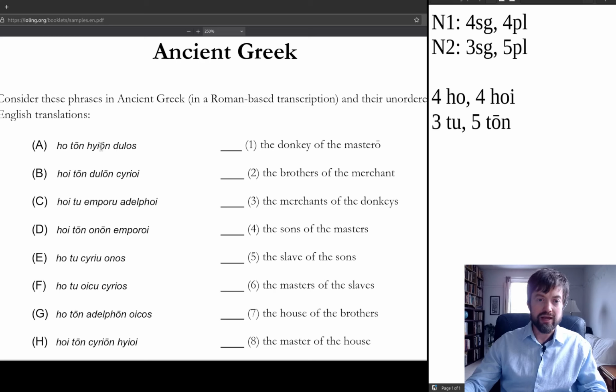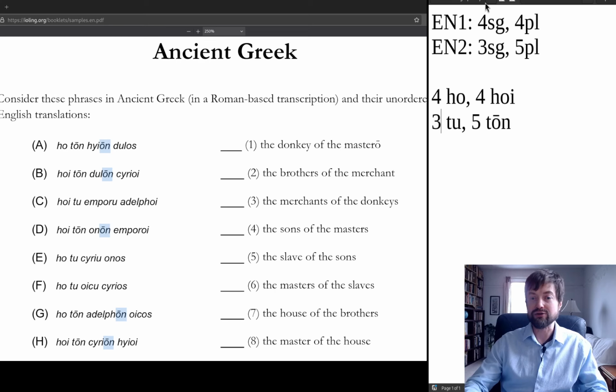So if we look at the endings, we look at Greek word number 1. We have 3, 4. Okay, so we have 5 own. So in fact, I'm going to rename this English noun 1 and English noun 2 because they might be in different orders, so I don't want to mix those up.